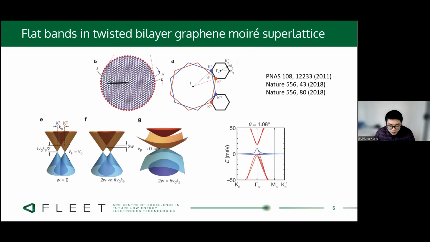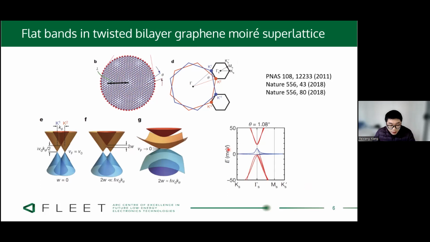The flat band generated in the twisted bilayer graphene is believed to be because the interlayer hybridization between the two graphene layers makes the two Dirac cones, and the magic angle renormalizes the Fermi velocity and opens a gap near the crossing of the cones.